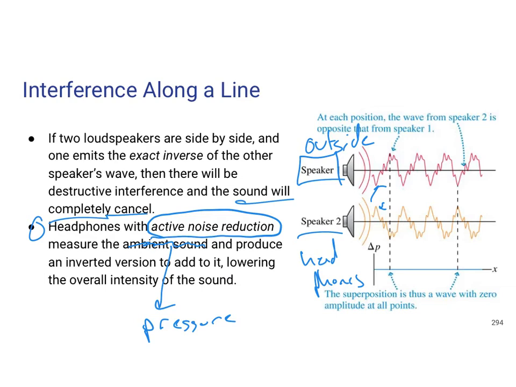So it takes that pressure and it produces an inverted version of it, which adds together with speaker 1 and then creates a neutral pressure superposition. So noise canceling headphones is an example of destructive interference from two sources. Very simple concept, very elegant concept, but just a consequence of how sound works.